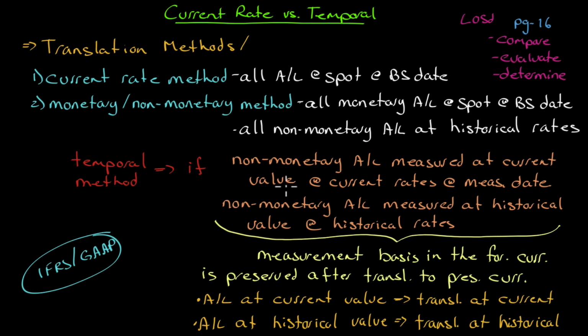Those measured at current value are translated at the current rates at the measurement date. Those measured at historical value are translated at the historical rates. So from an accounting perspective, this brings up a huge nightmare of having to track the exchange rate on dates of transactions. And yes, they have to.